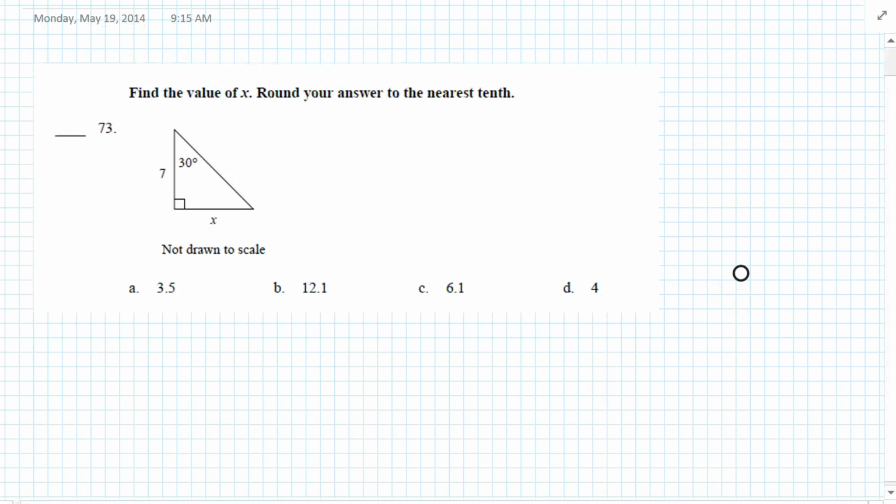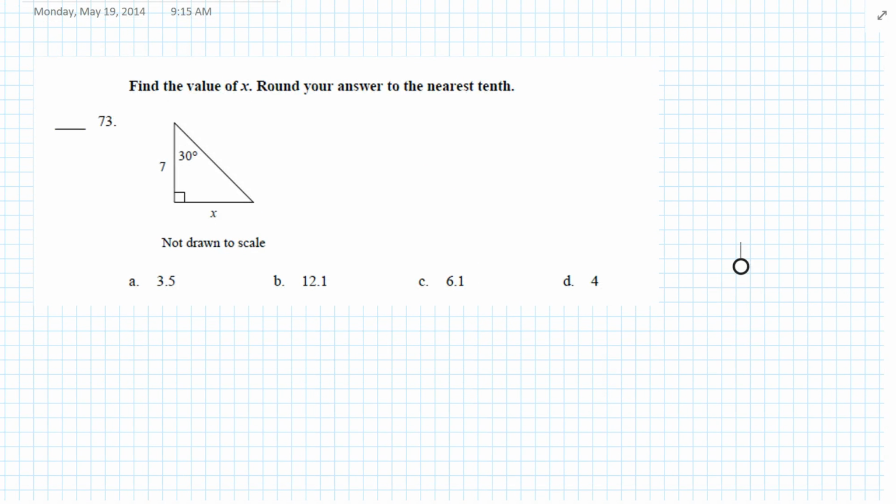73. Find the value of x. Okay, well this is a 30, 60, 90 triangle, so this isn't really going to be too difficult. So x is going to be 7 over the square root of 3. But let's go ahead and use functions.